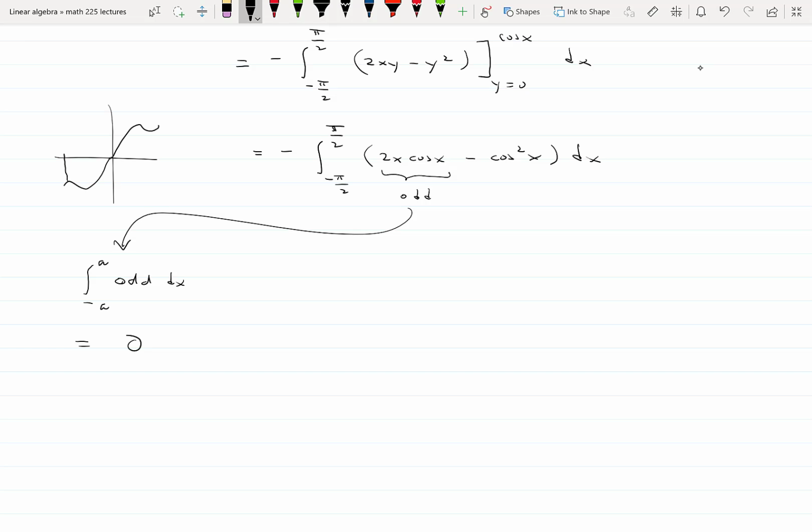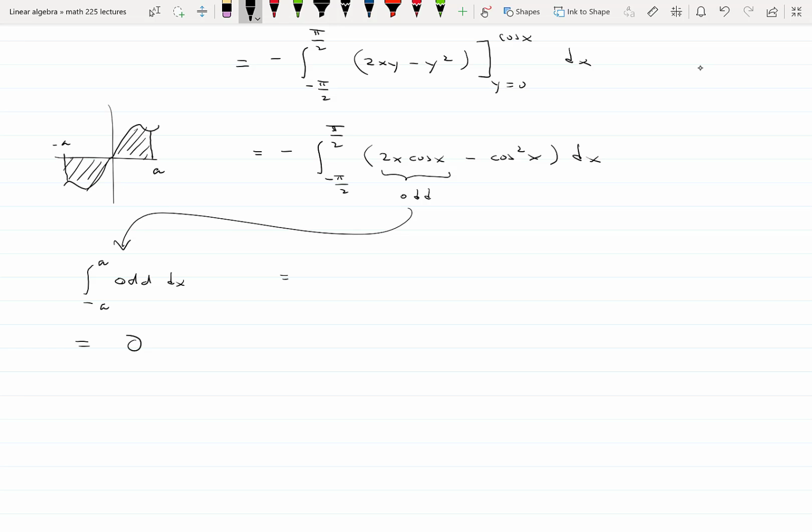The integral from negative a to positive a is clearly 0. Integral from negative a to 0, you get the opposite of the area. From 0 to a, you get the area itself. So the integral cancels out. Okay, if you don't see that, that's okay. It just means you have to integrate 2x cosine x by parts.